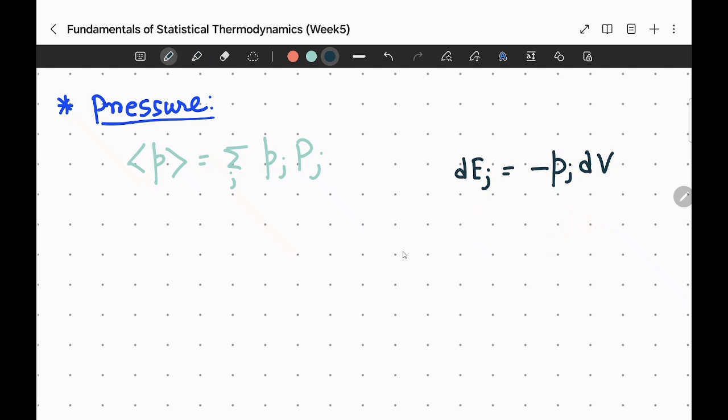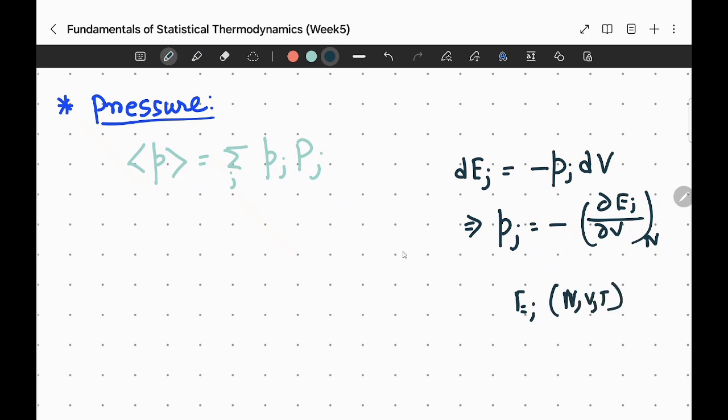So now from here you can write the Pj, it is minus del Ej del V at constant volume, because you are taking the derivative with respect to volume at constant number, so the number should be fixed, because you know that Ej was a function of N, V, and also temperature.